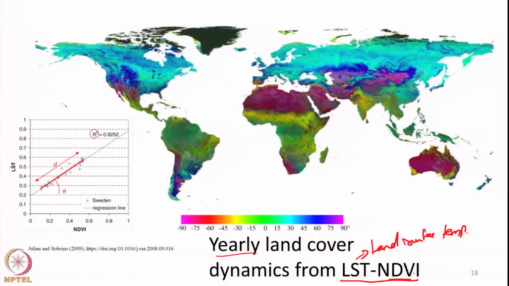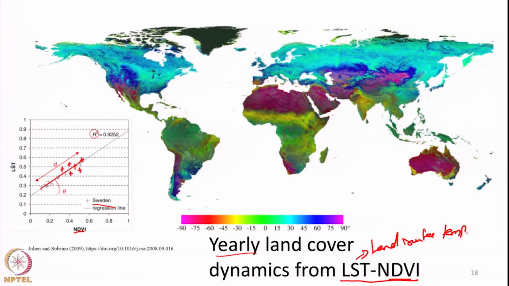As the land cover changes, the way in which the LST and NDVI for that particular pixel are oriented will change. Let us say this is the LST and NDVI for one such pixel somewhere in Sweden. For each image of that pixel, they have plotted the NDVI value on the x axis and the LST value on the y axis, so it defines those points.